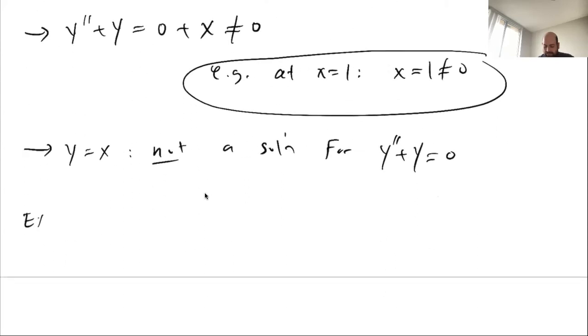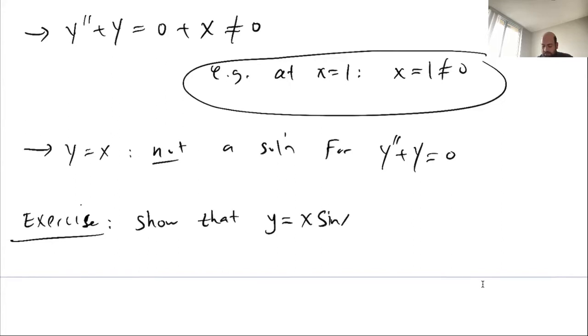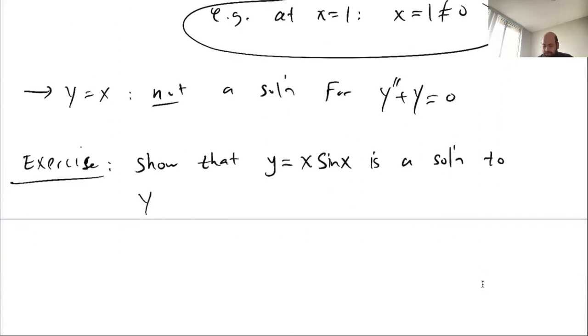Now, another exercise: show that y equals x times sine x is a solution to y double prime plus y equals 2 cos x.